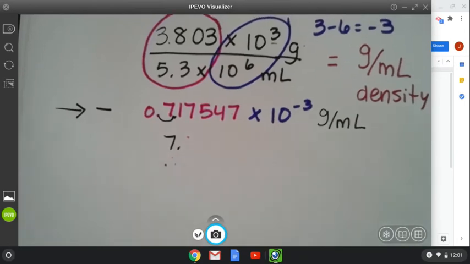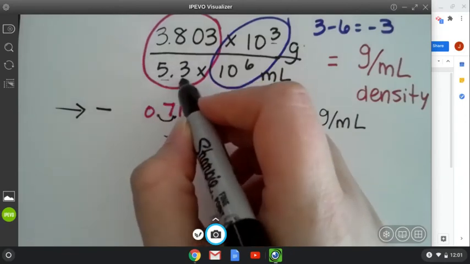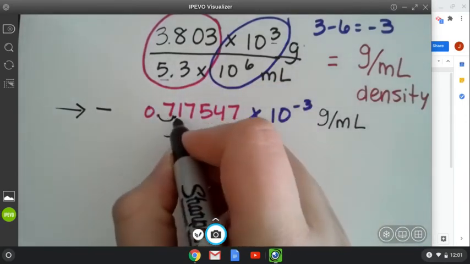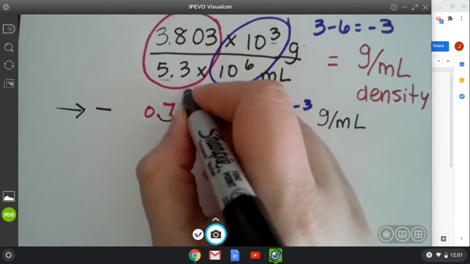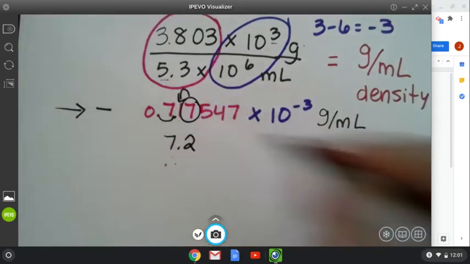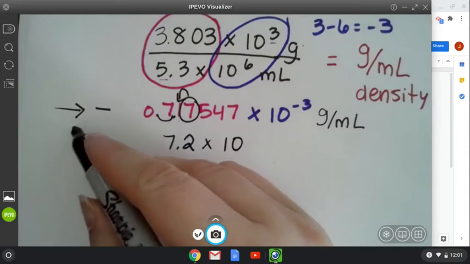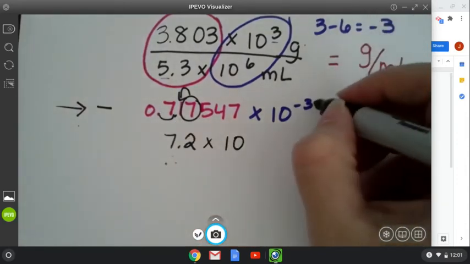I need 2 sig figs because of 5.3. So I'm going to keep 7.1. This next digit is a 7, which means I'm going to round up. We're going to have 7.2 times 10 to the... I moved it 1, so I'm going to subtract 1.